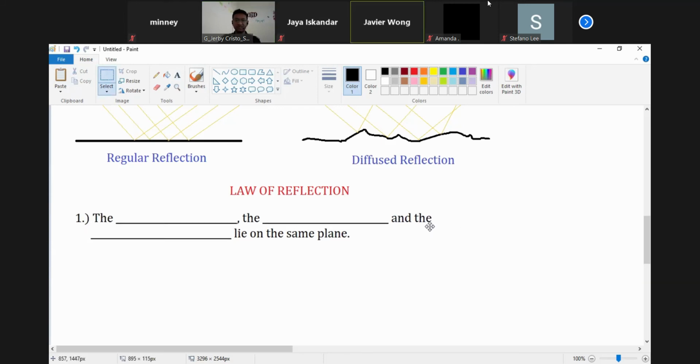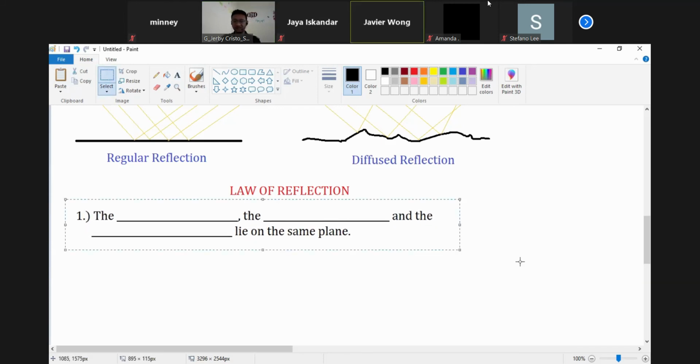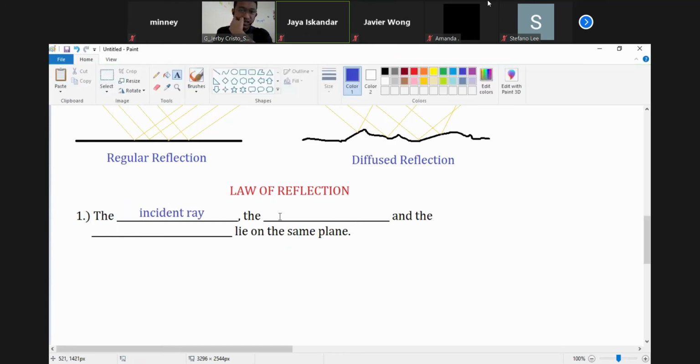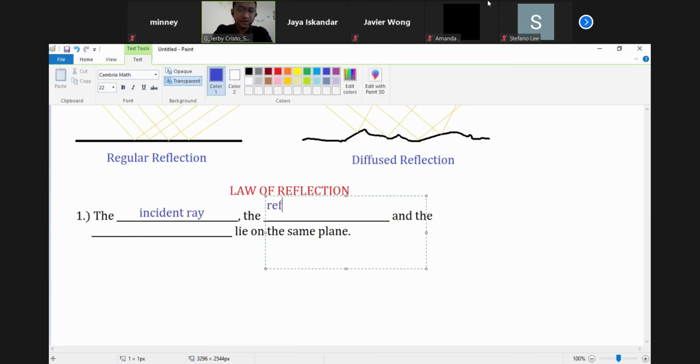The incident and the reflected. Yes, so those are some of the terms here. That is correct, Javier. So we have the incident ray. That's the first. Next we have the reflected ray.